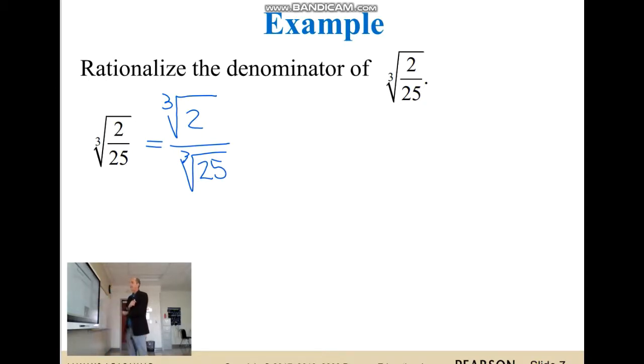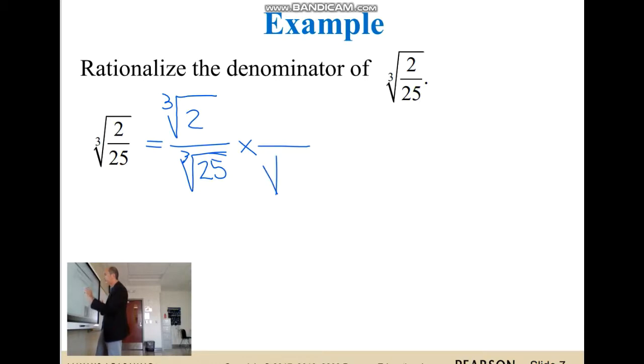To simplify a cube root, we need to find a number that's cubed. 25 is 5 squared, and if we multiply 25 by 5, we're going to have 5 cubed.